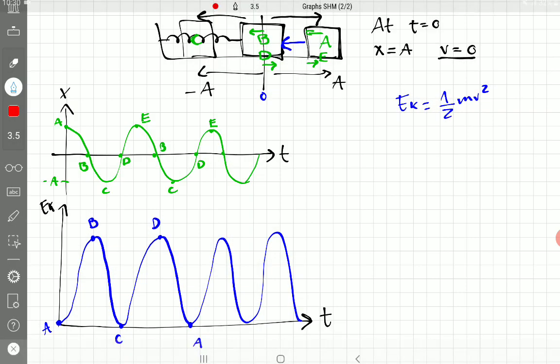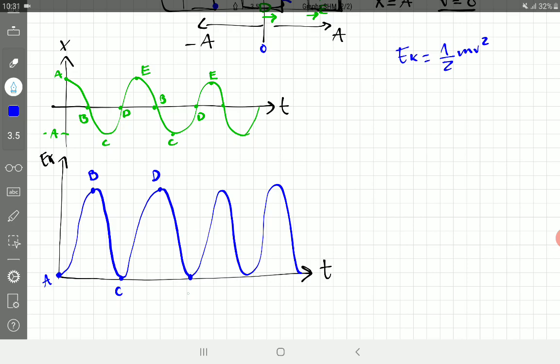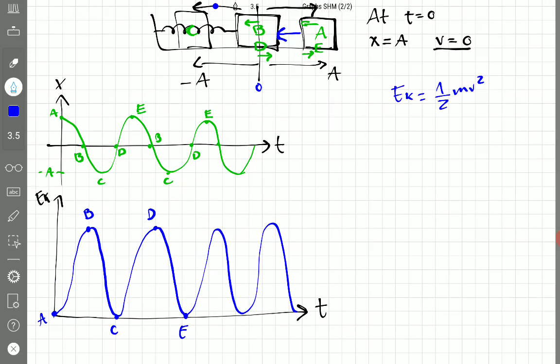Now, let's take a look at times. When did this whole thing complete a period, right? It completed a period when it's back at point A, or actually E, well, E and point A, they're kind of the same thing.